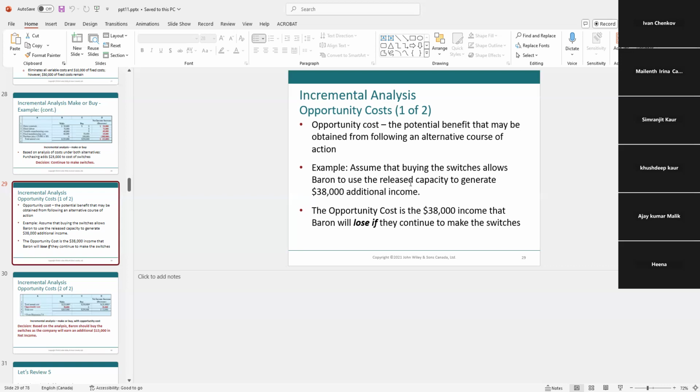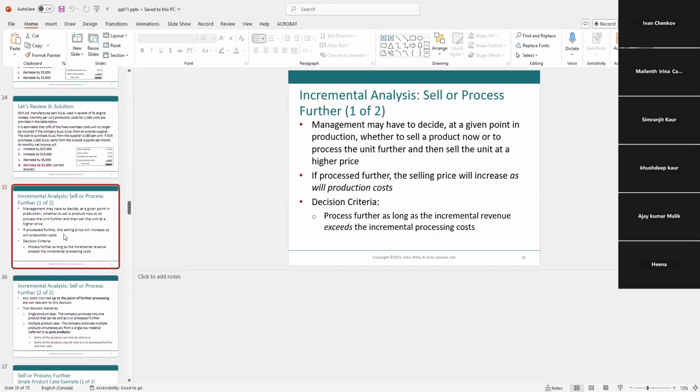It might look like you're losing a little bit when you outsource the production. But if you use the free capacity to generate extra revenue, that can help you and that can change the entire perspective of your decision.